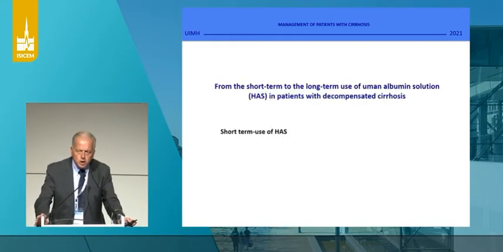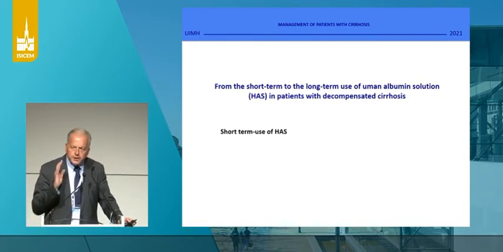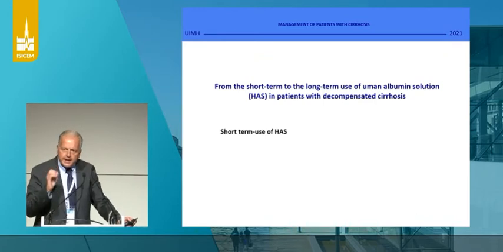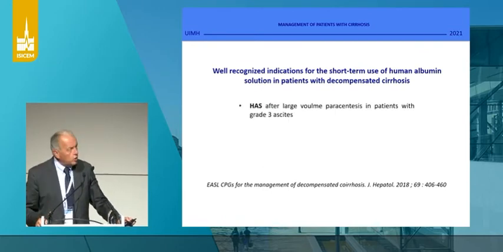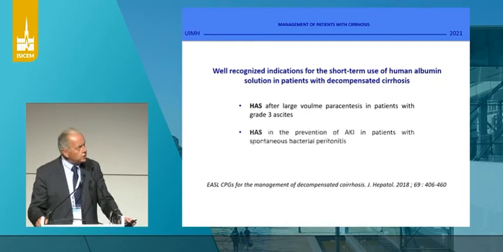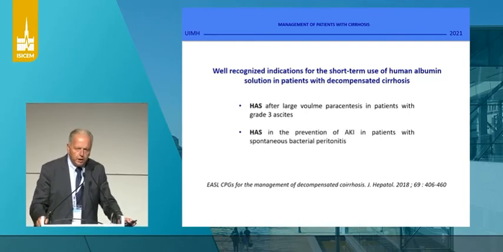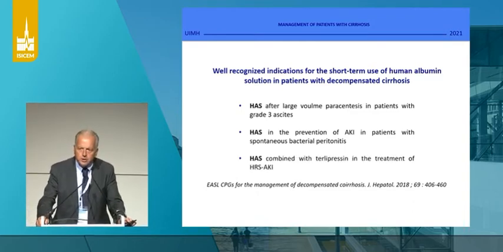I will not speak about the short-term use of albumin, because the short-term use of albumin has very clear and well-proved indications that are the following: the prevention of post-paracentesis circulatory dysfunction, the prevention of AKI in patients who develop spontaneous bacterial peritonitis, and together with terlipressin, the treatment of hepatorenal syndrome.